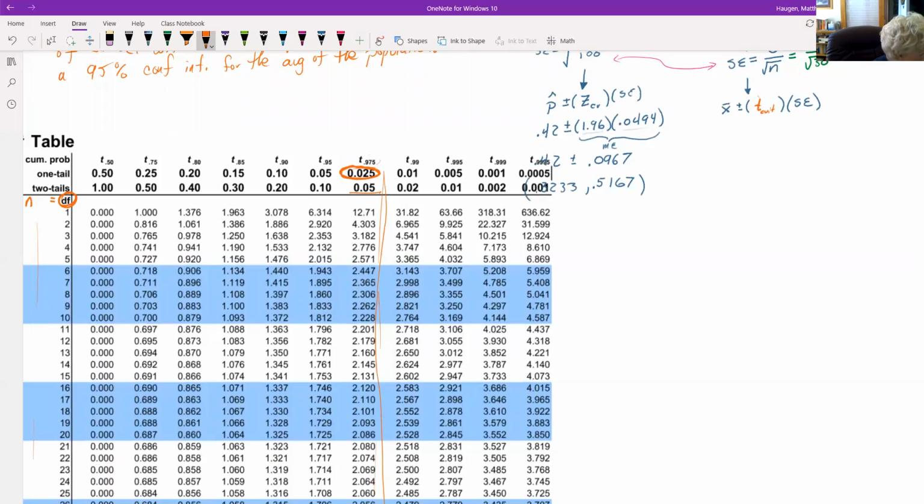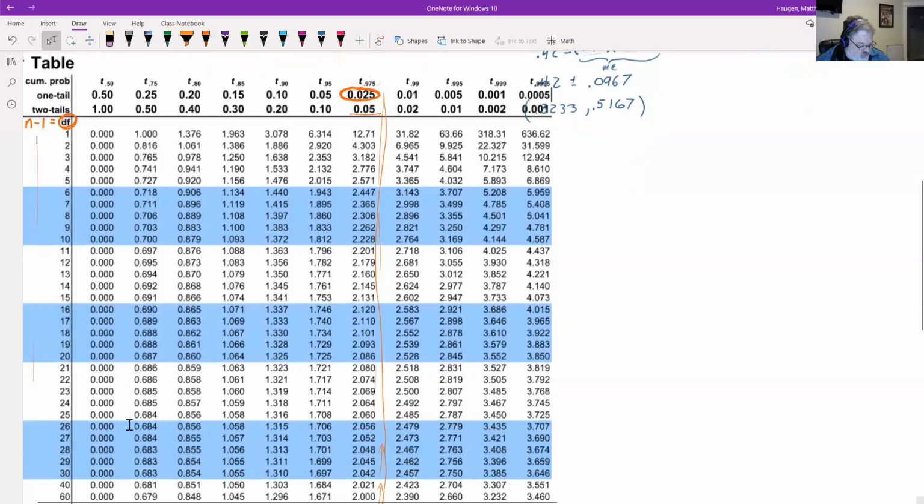Yeah, the difference is 1 value. Degrees of freedom are 1 less than your sample size. We talked about that a little bit yesterday when we talked about finding the standard deviation, dividing by that n-1. So instead of looking at 30, we're going to look for 29.